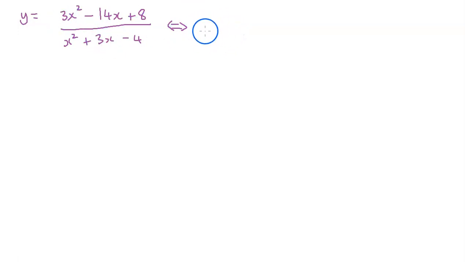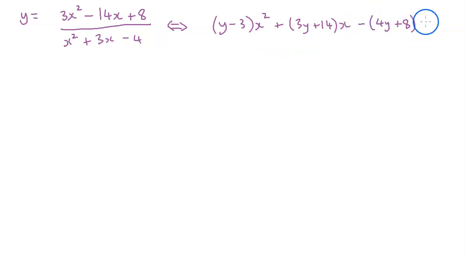So we have y minus 3 lots of x squared, and we have 3y plus 14 lots of x, and then as a constant we have minus 4y minus 8. So minus 4y plus 8 constants, and that should equal 0 if x and y are a pair that solve this equation.